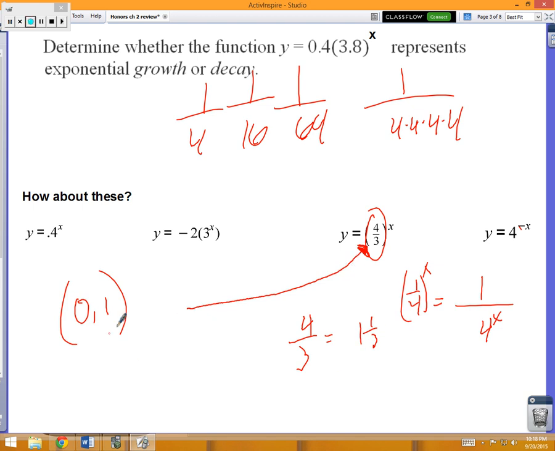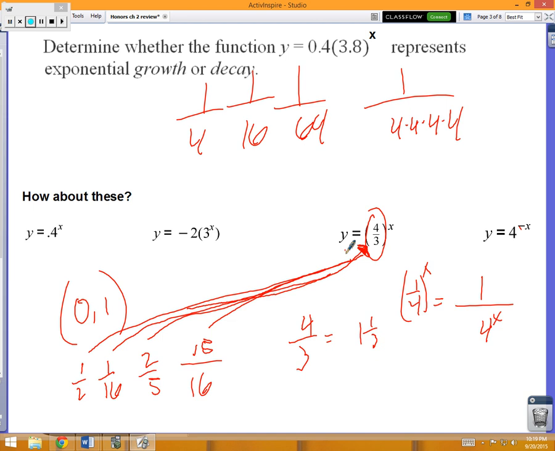But all of these fractions between 0 and 1, there's millions of them, so you got a half, you got a 16th, you got 2/5, you got 15/16. As long as your numerator is smaller than the denominator, that means it's less than 1. And any of these fractions that are less than 1 are actually taking away, they're dividing, so they're decay.